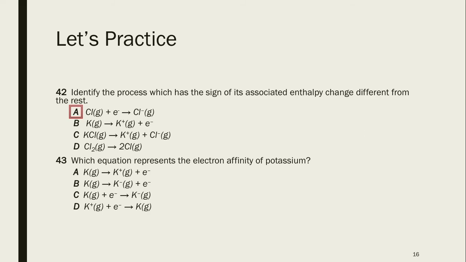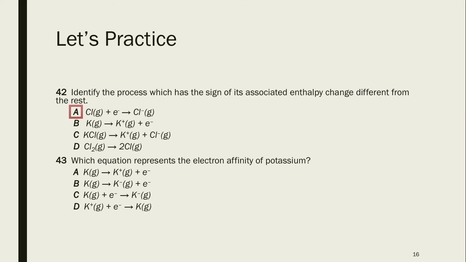Number 43, which equation represents the electron affinity of potassium? Okay, well, although electron affinity is usually given for nonmetals, you can add an electron to any element. So which one is showing an electron being added?